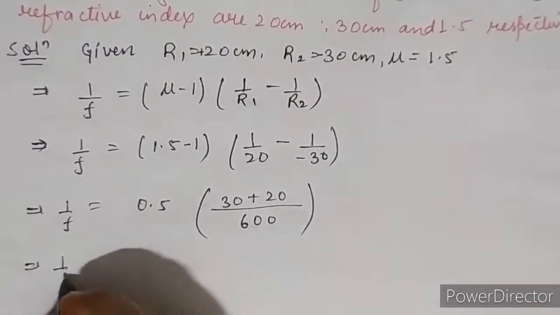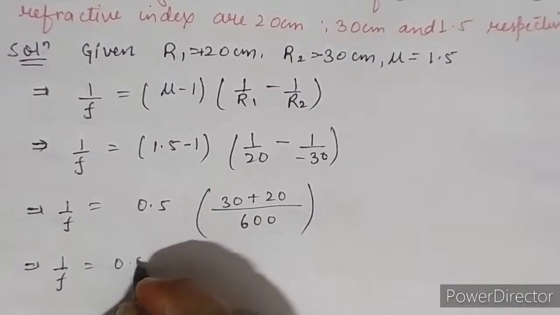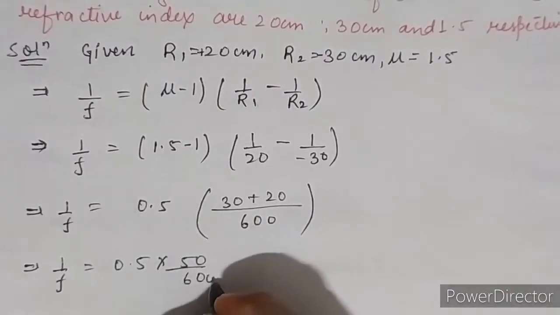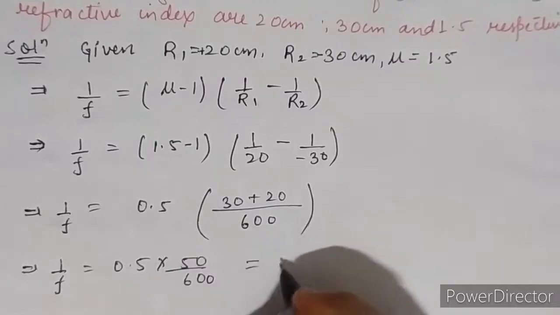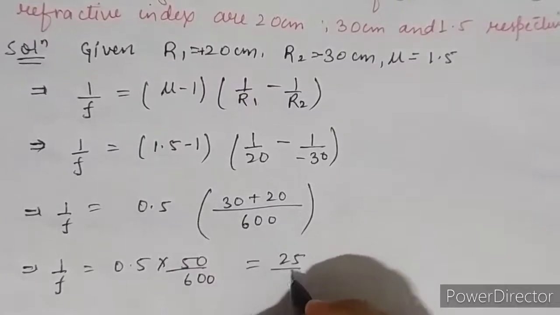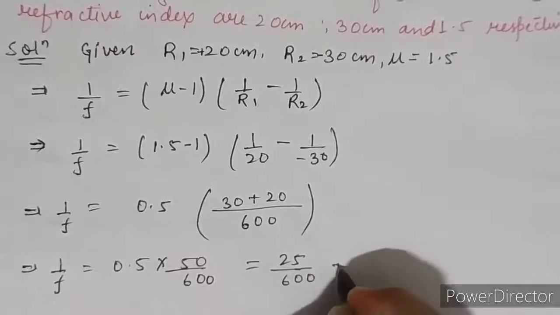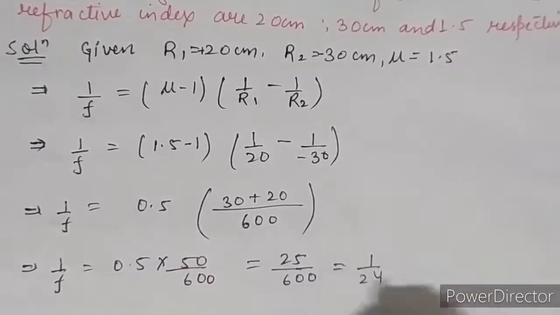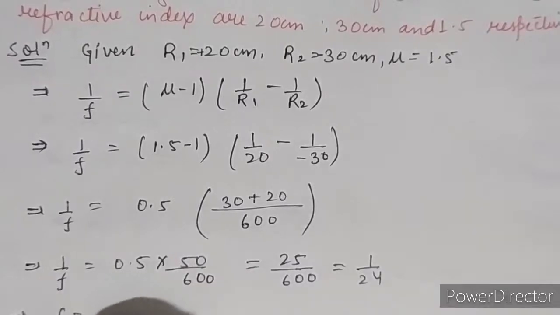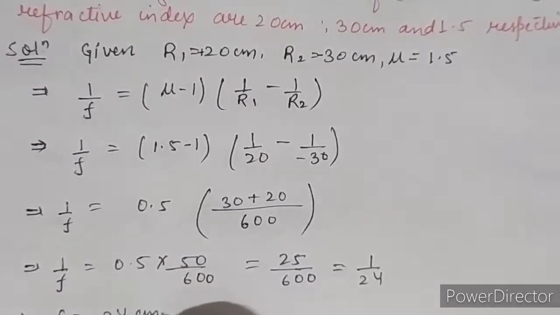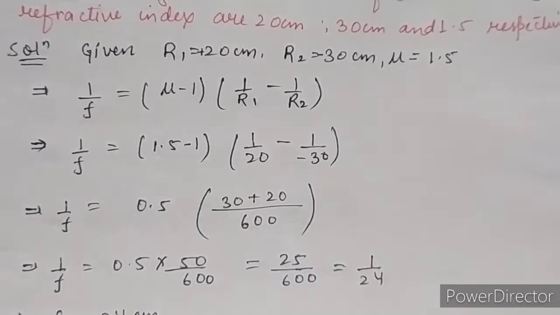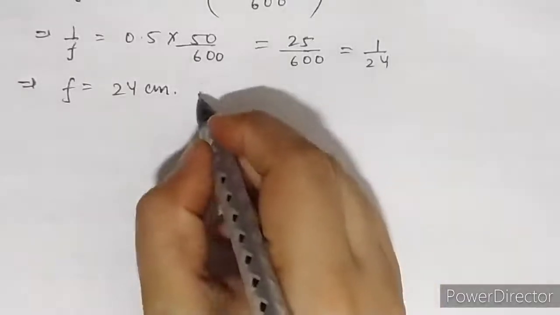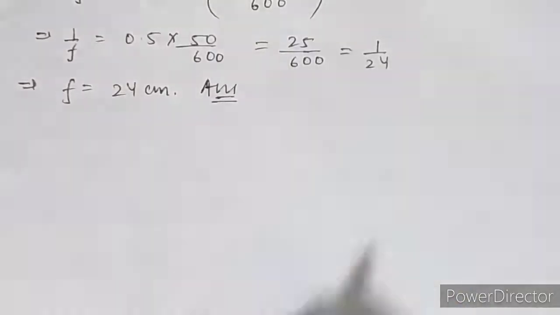So 1 upon f is equal to 0.5 into 50 upon 600, and it will be 25 upon 600, and this will be 1 upon 24. It means the focal length is 24 centimeter. Focal length is 24 centimeter. This will be the answer.